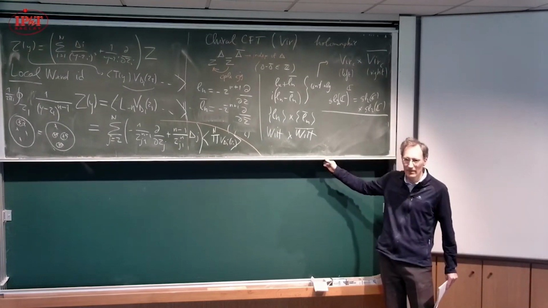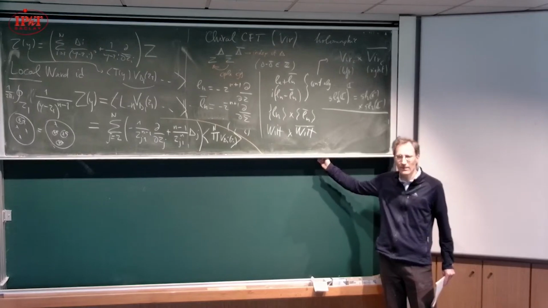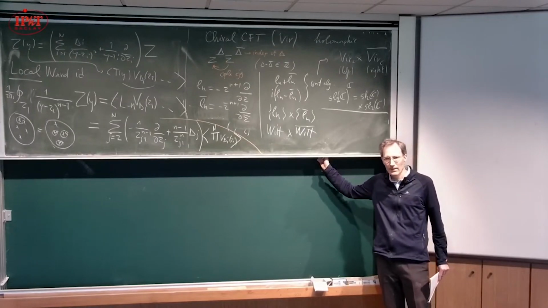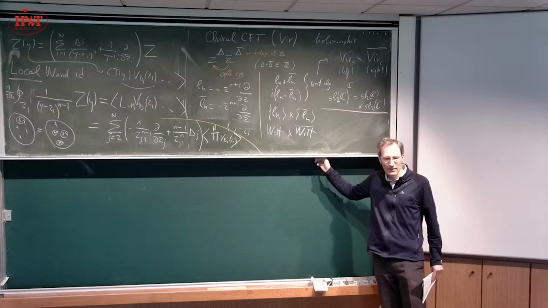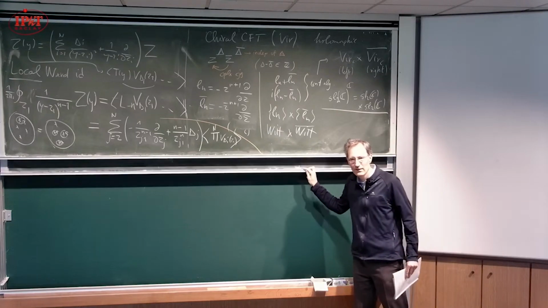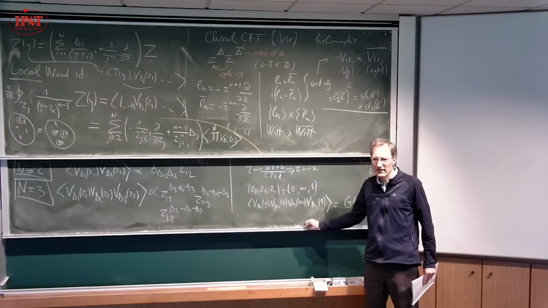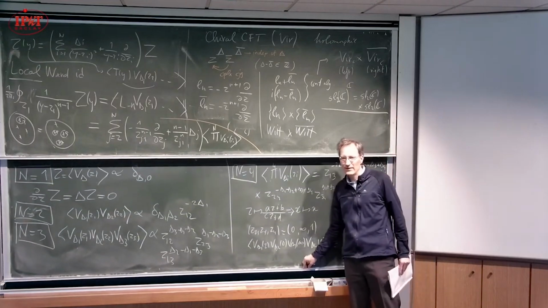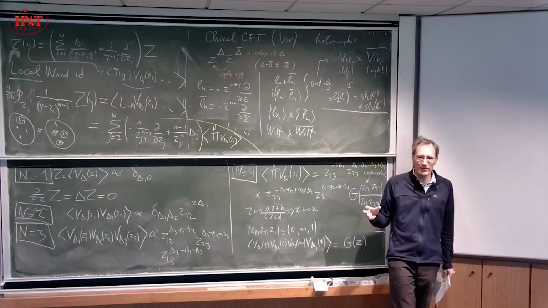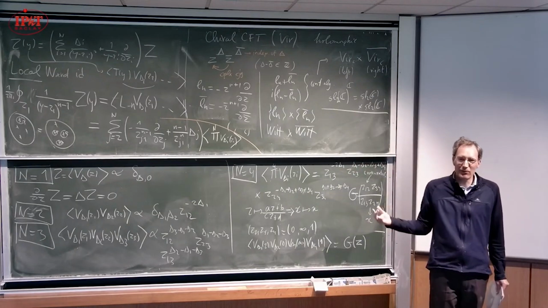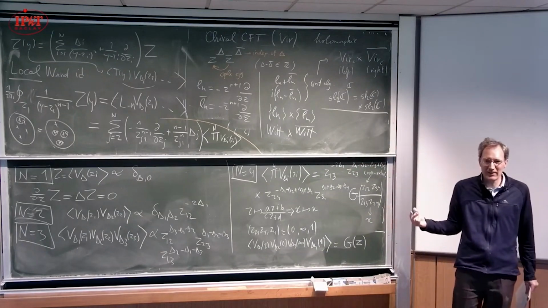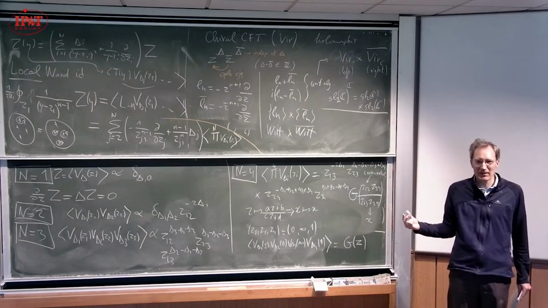For example, holomorphic CFTs, you can think of them as CFTs that have right central charge 0 and left central charge non-zero. For example, the monster CFT. Well, it's a good example because at any central charge, you can have a trivial CFT with just the identity if you want.